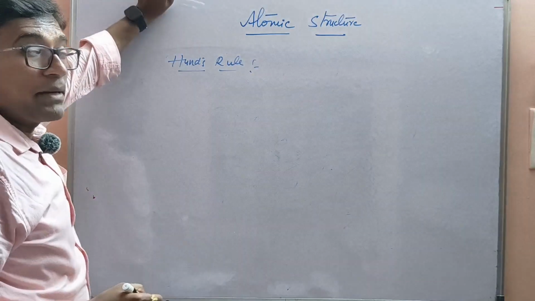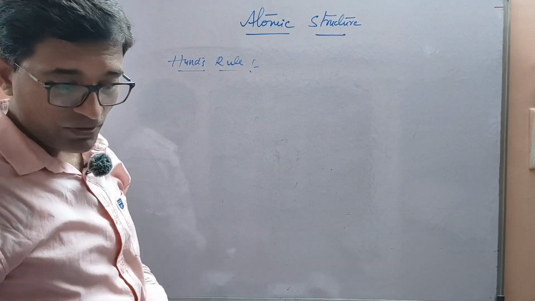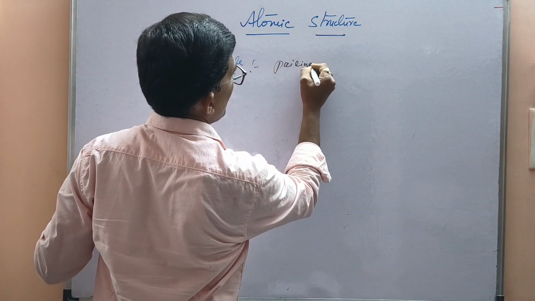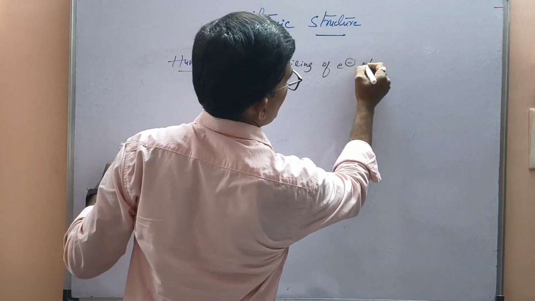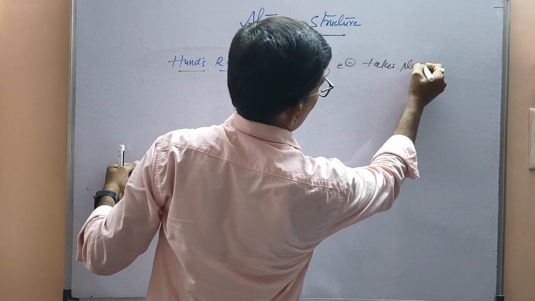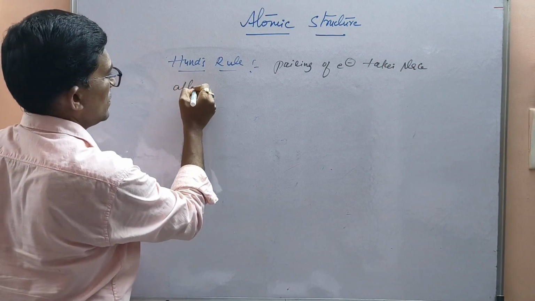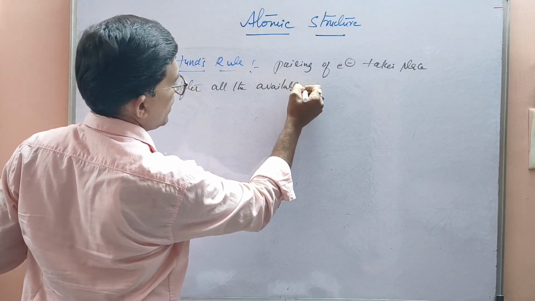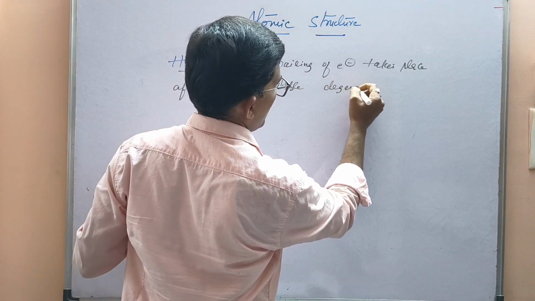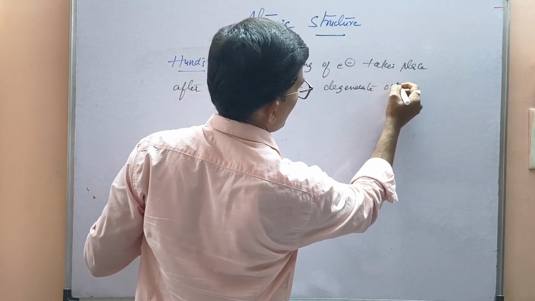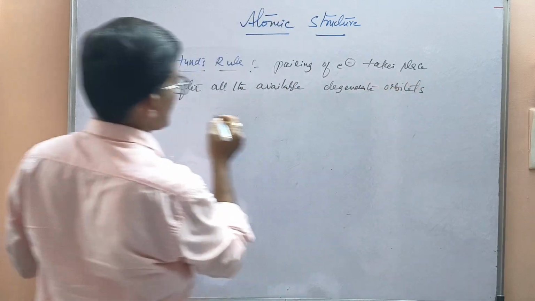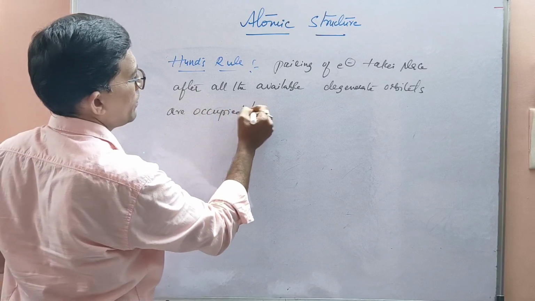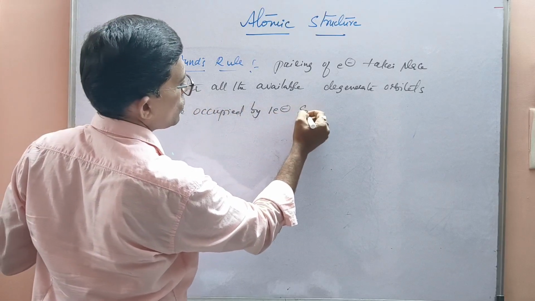According to Hund's rule, pairing of electrons takes place after all the available degenerate orbitals are occupied by one electron each.